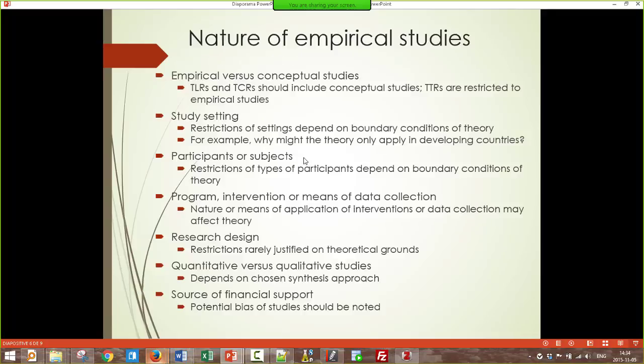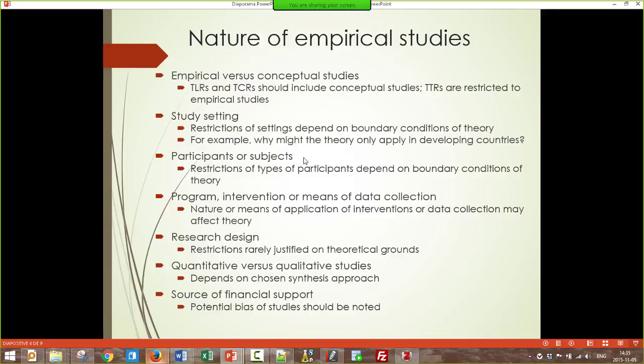Okay, so the next group of things to consider are the nature of empirical studies. Empirical means data. So studies that actually collect and analyze data. The first thing is, do you only want to look at empirical studies, studies that actually collected data, or do you want to include conceptual studies, studies that just talk about ideas?